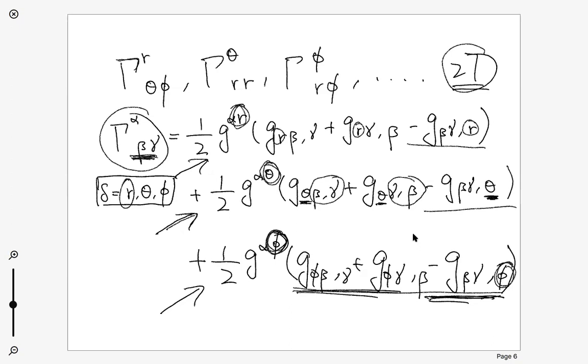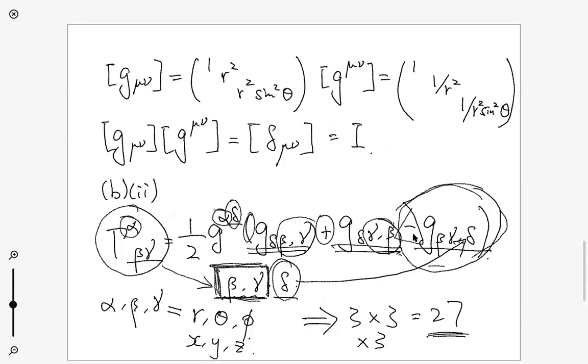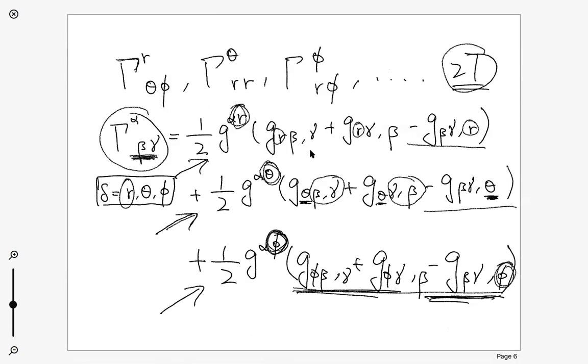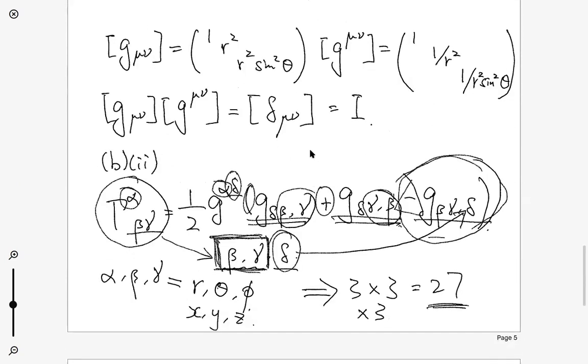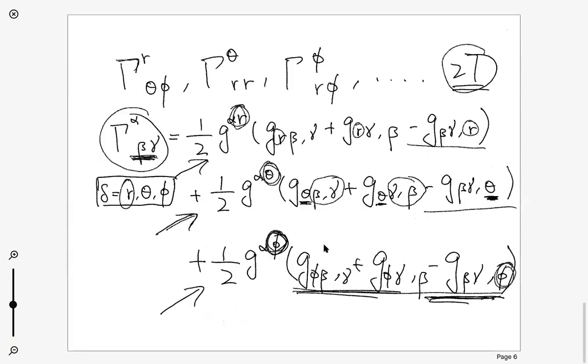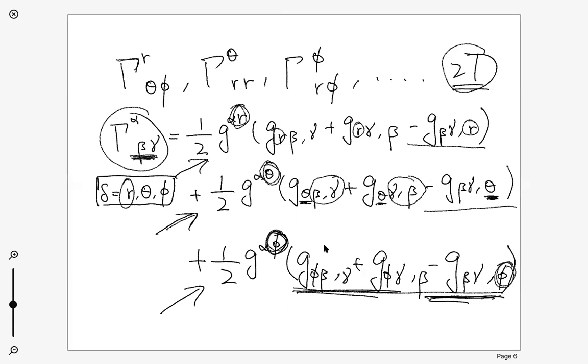But again, as I mentioned, there is some nice property of the metric we can make use of to make the calculation very simple. The nice property is that the metric is diagonal. All the off-diagonal terms, or the so-called cross terms, are zero. So we should be able to quickly observe something really useful here.